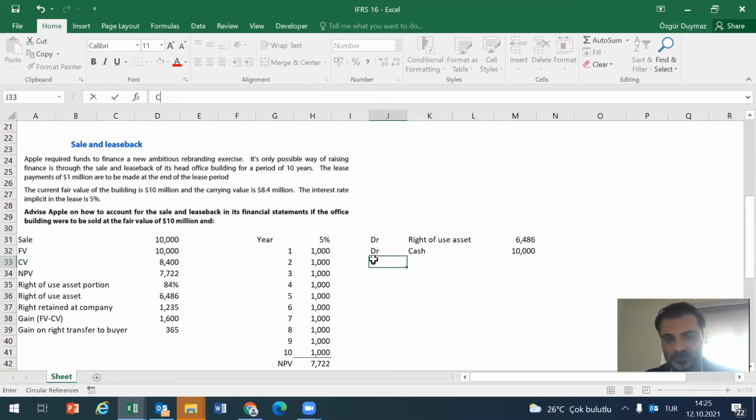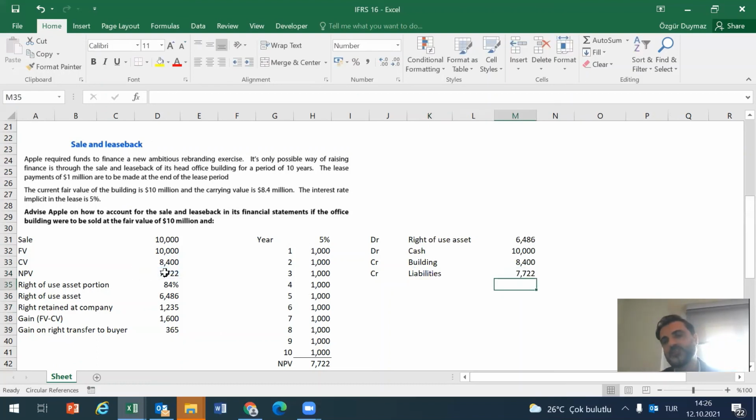Also, the building would be transferred, building transferred to a third party, and with the arrangement of leasing, right of use asset would be a new asset on the balance sheet rather than the building. Which is carrying value of 8.4 million. And also liabilities, the easiest part, which is the net present value.